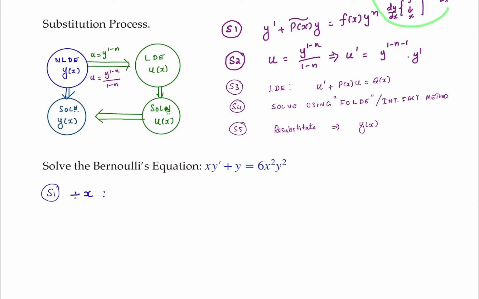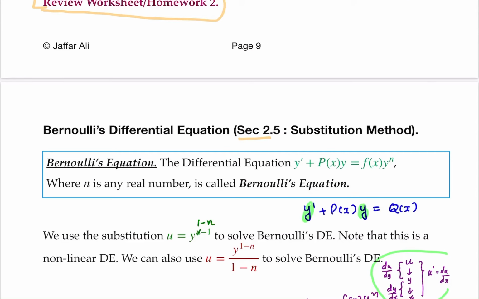If I do that, I am going to have y prime plus 1 over x times y equals 6x squared y squared divided by x, and I can cancel the x and x, so I will be left with simply 6xy squared, right? So if I erase this and move this one over here, that's what I would have right there. All right, now if I go back in here, this is what we call the n, right?